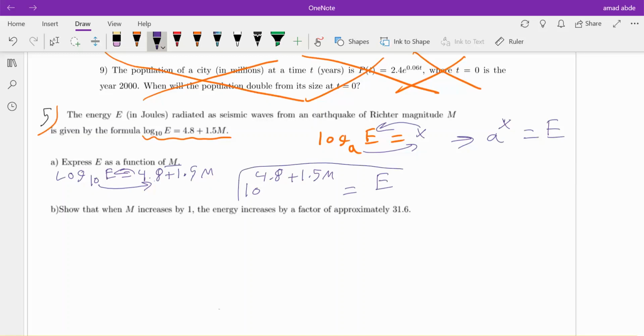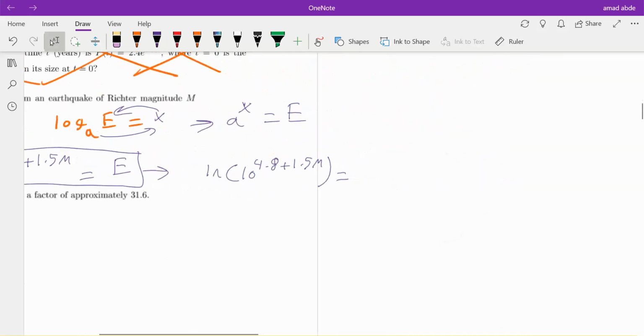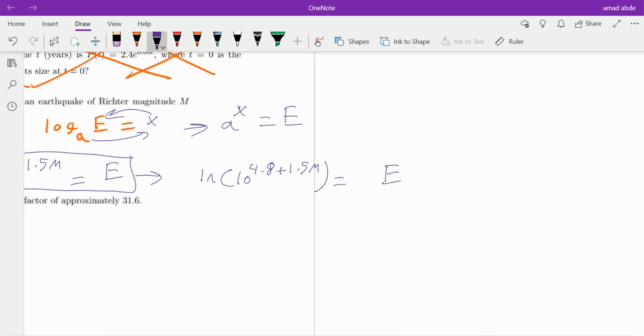For example, we can take ln of both sides, so ln of 10 raised to 4.8 plus 1.5m equals ln of E. Then we can move this whole thing outside of the parentheses. So we have 4.8 plus 1.5m times ln of 10 equals ln of E, and then we can divide by ln of 10 on both sides.